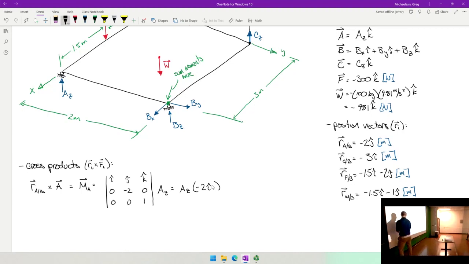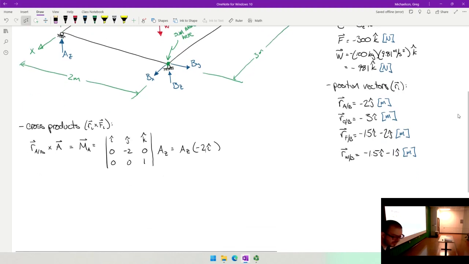For the I term, knock out the rows and columns, get negative 2. For the J term, knock out the rows and columns, I get 0 and 0. K term, 0 and 0. So the I term is the only term that has a value with it. So far, so good?